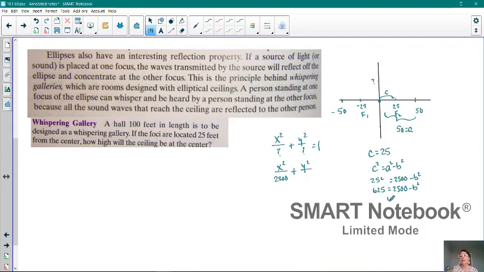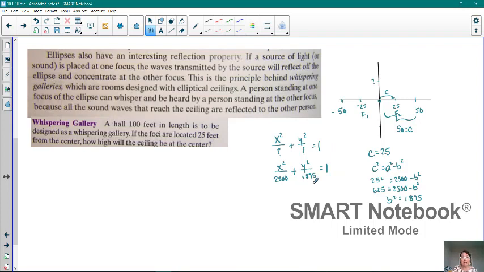Solving this for b squared, 2,500 minus 625 is 1875, which, by the way, is the denominator here. And so this is equal to 1.